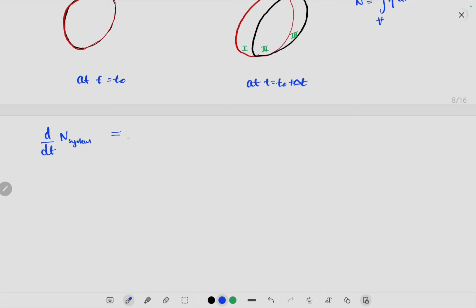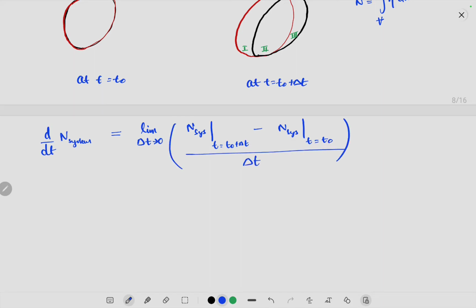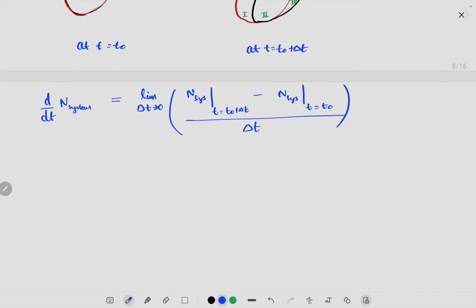From our knowledge we can write the derivative as limit delta t approaches 0, N of system at t equal to t naught plus delta t minus N of system at t equal to t naught, divided by delta t.